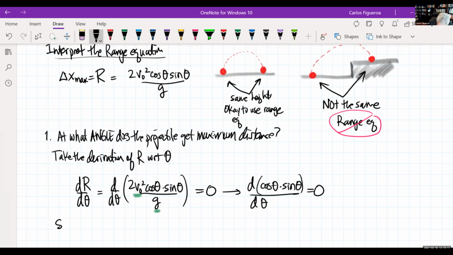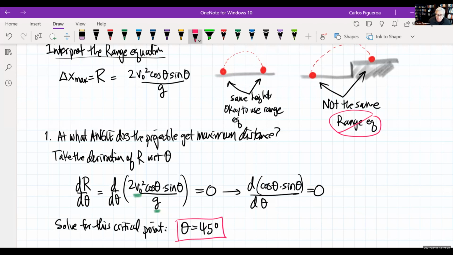When you solve for this critical point, what you find here is that theta is 45 degrees. So at theta equal to 45 degrees for objects in projectile motion, this gives you the maximum range.